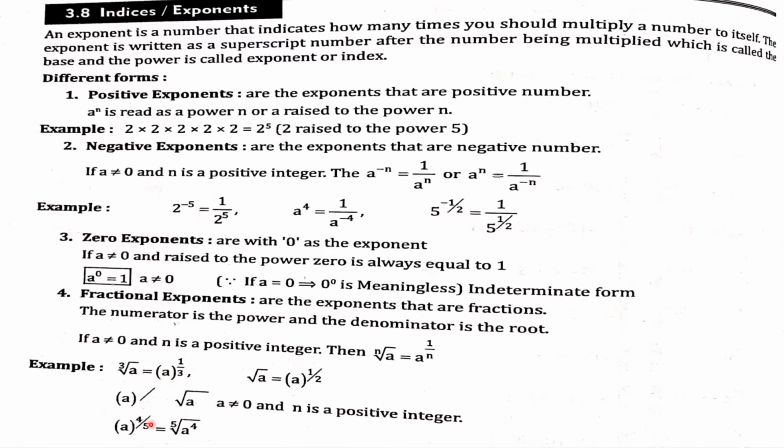In the same way, a to the power 4 by 5 can be written as the fifth root of a to the power 4. In the place of root you write 5, so the denominator 5 is written as the root index, and the numerator 4 is written inside as the power. Make sure these are the different types of exponents and how you have to write them.